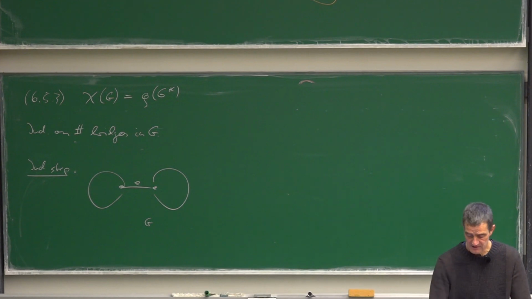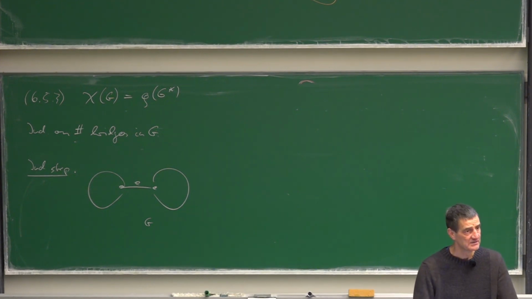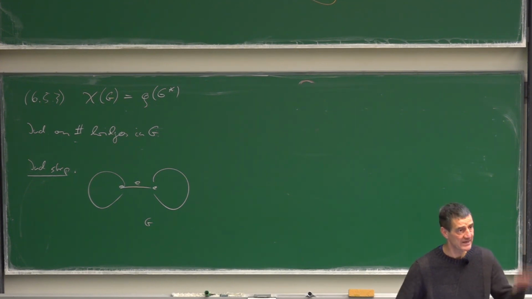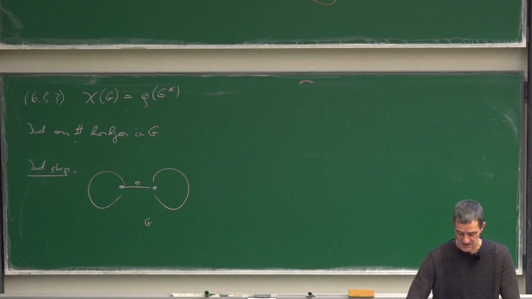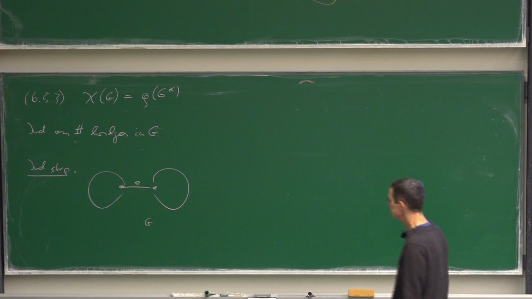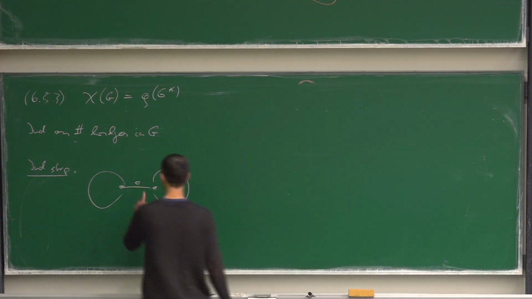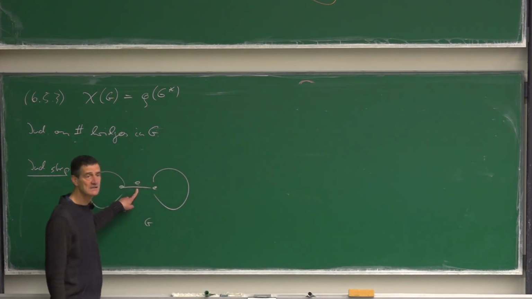So contracting an edge doesn't change the cycles. Deleting an edge doesn't change the cycles either, but that would disconnect the graph. We need connectedness. All right, so we contract the edge E for the induction step, and then what is E star? Well, E star is a loop, right?